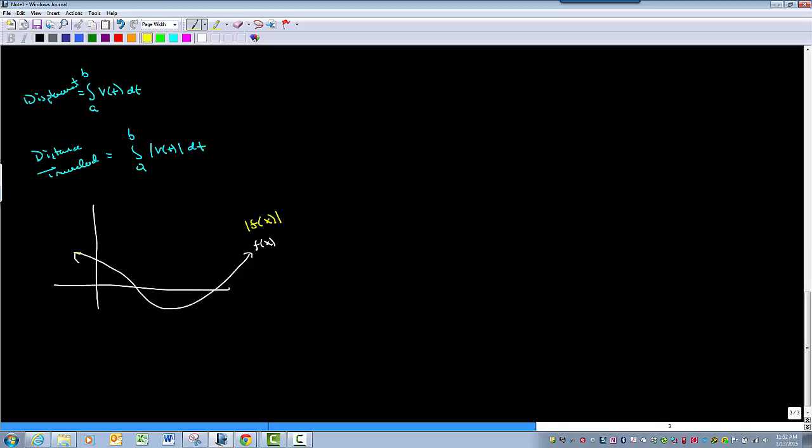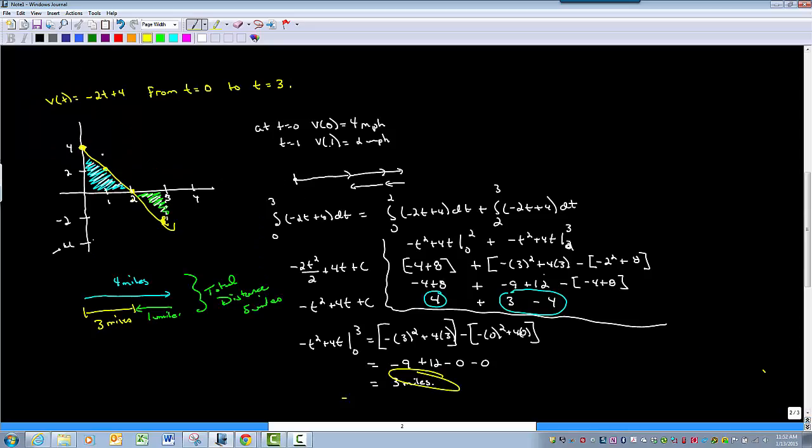These parts will stay the same, but the parts that went below will come back above. This yellow line is the absolute value. That changes the area from a negative to a positive. So going back up, that would take this piece and make it go like this, and we would be calculating this area. If you take 4 plus 1 instead of 4 minus 1, 4 plus 1 is 5 miles.